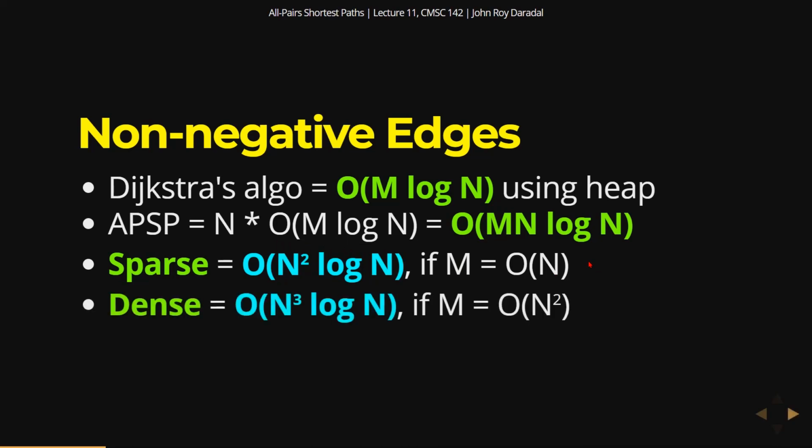However, if the graph is dense, where m is n squared, if you plug in n squared in place of m, this would be n squared times n, or n cubed. So on a dense graph, running Dijkstra's algorithm n times would take n cubed log n. Okay, so there's a difference in the running time when it's a sparse graph versus a dense graph.